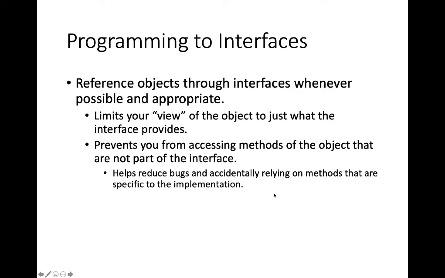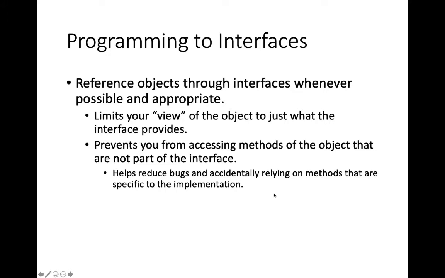So the actual object that I'm referring to might implement more than the interface that I am using it for. It could also implement some other interface or have other public methods that are available through its class type. But because my reference to it has a particular type as a media object, I am limited in my view of that object to just what that interface declares.